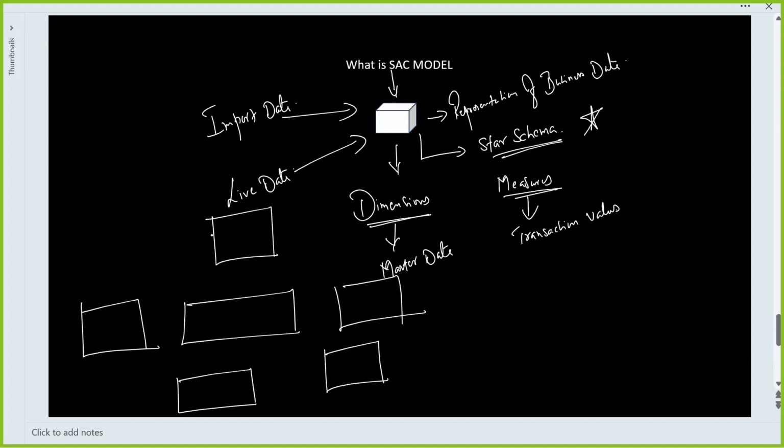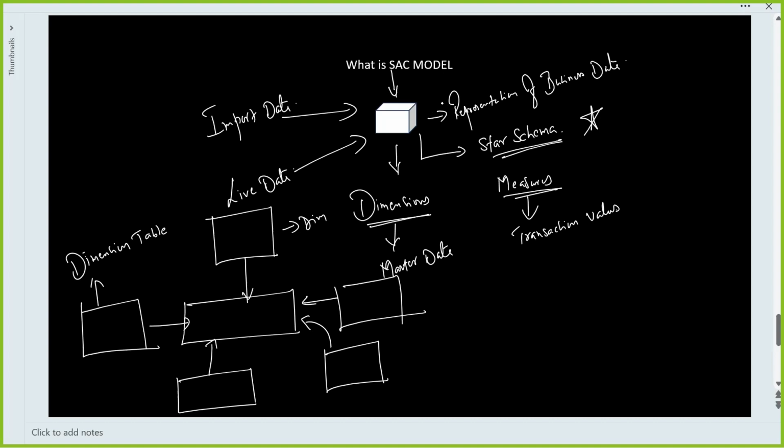And these are known as dimension tables. Dim means dimension table. And these dimension tables will be connected to your fact table.